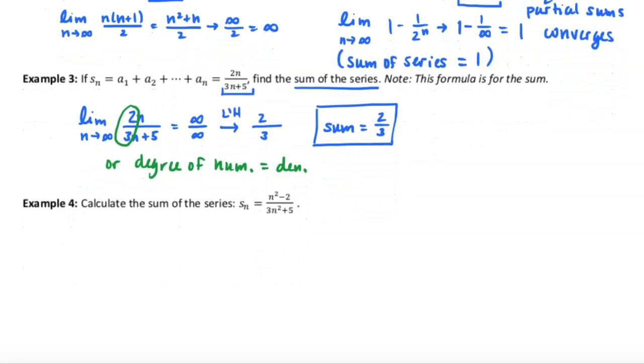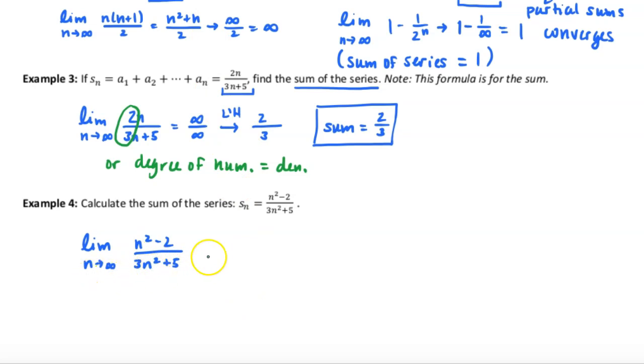Example 4, we want to calculate the sum of the series. And again, we're just given that rule for the sum because that's all we need. And so to calculate the sum, I want to find the limit as n approaches infinity of n squared minus 2 over 3n squared plus 5.